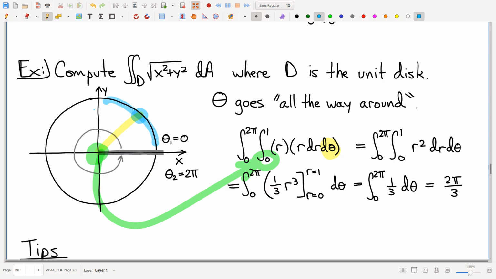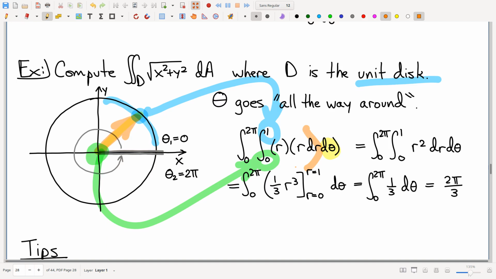That point is on this curve. That curve has what equation? Well, don't forget, this is the unit disk. That means that this is the unit circle, and that means that this is r equals 1. And so on that point, we have r equals 1. So for that value of theta, as we go from there to there, r goes from 0 to 1.